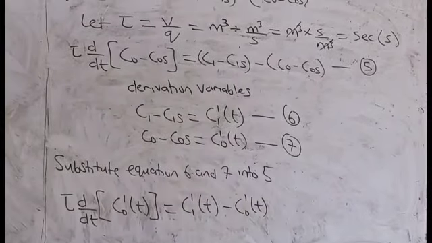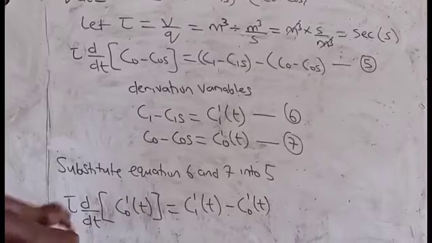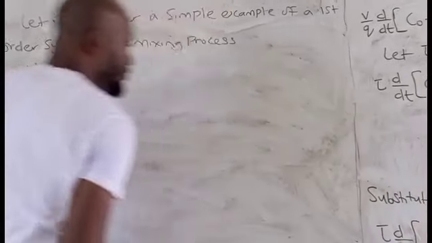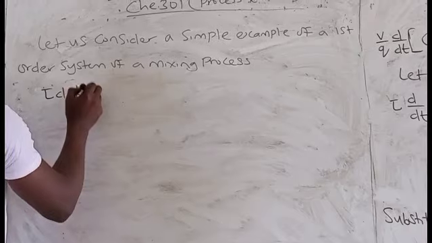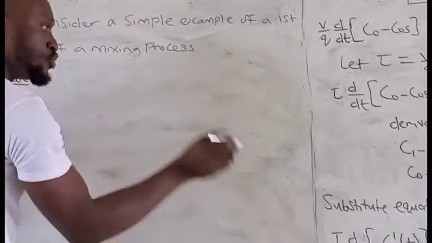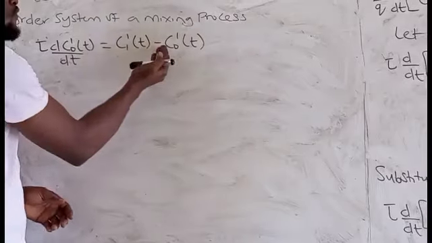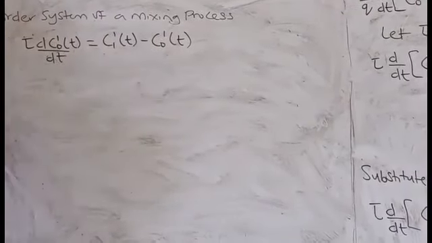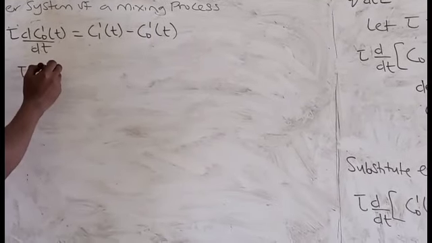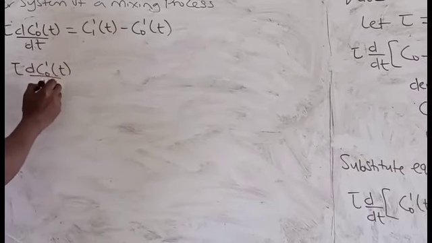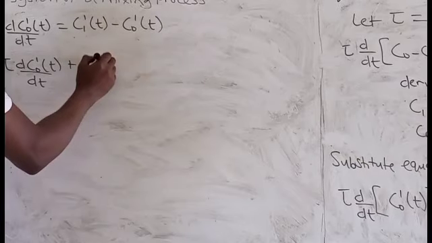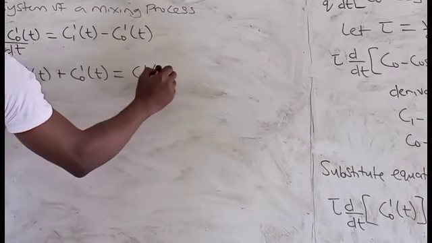So you see that you're going to have a differential equation now. If you open up this bracket and multiply, you have an equation of this form: the time constant tau times dC0 prime of t over dt is equal to C1 prime of t minus C0 prime of t. If you bring this term here, it becomes tau dC0 prime of t over dt plus C0 prime of t equals C1 prime of t.